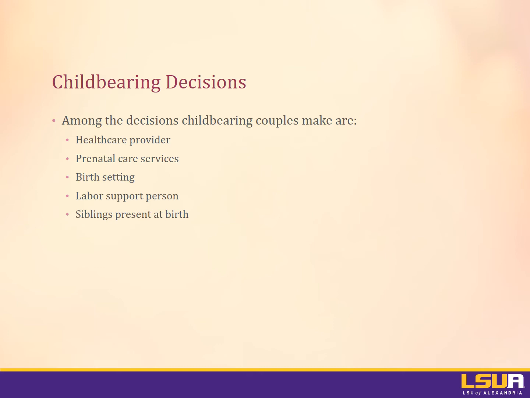Some families want to have siblings present at birth, but it's very important to find out, in any of these areas you choose, what is acceptable and what is not. Confidentiality guidelines, safety guidelines, and are we in close proximity for emergency care should the mother need it.